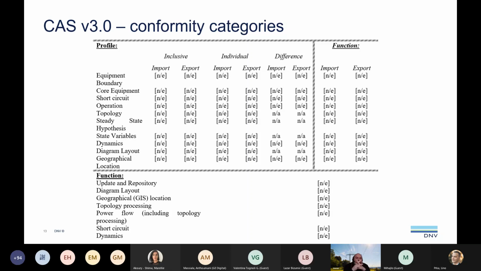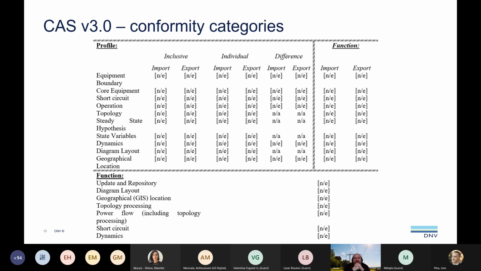The inclusive one means that you group the data together. So if, for instance, boundary management can be handled together with the EQ, and you put the data together, you can import it. The individual means that each individual profile is handled, including the dependency, as an individual.